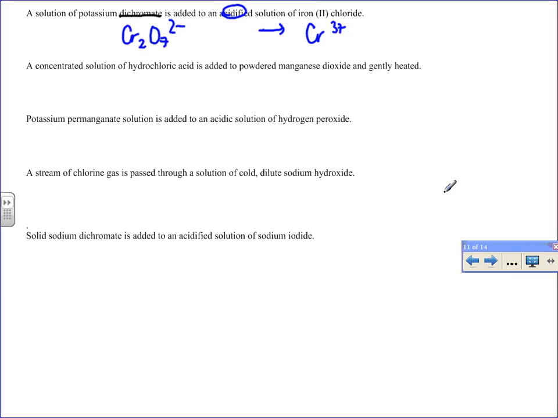The second piece here is to figure out what is being oxidized. So we've got a solution of iron 2 chloride. So we've got Fe2+, and we've got Cl-. And the Fe2+ can be converted into Fe3+, so it can actually lose electrons. And the chlorine, if it lost electrons, would be converted into Cl2. Now we'll delve a little bit further into this later, but if you look at the activity series or the reduction potentials, you would see that this is actually a more likely oxidation in this case.